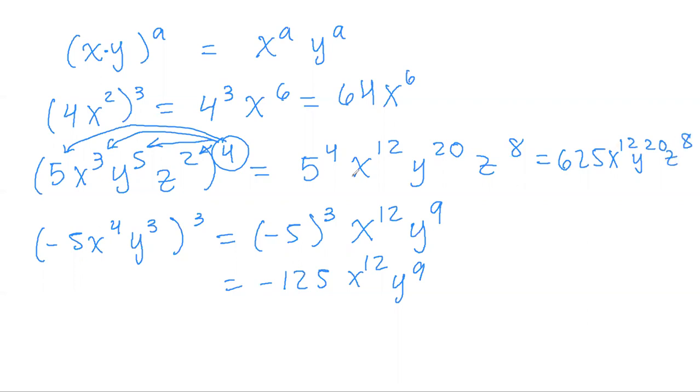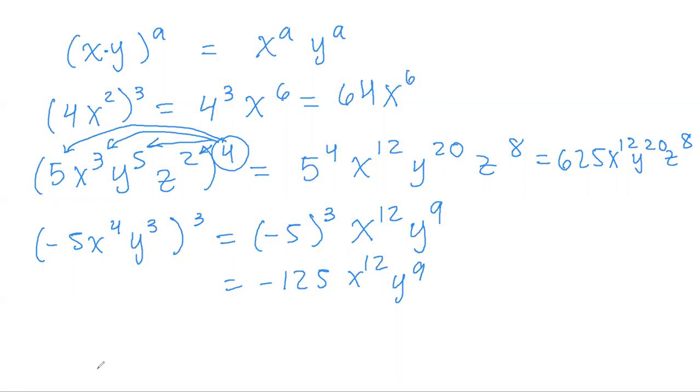I kind of doubt they would expect you to know 5 to the 4th. 5 cubed might be more reasonable. But I mean, typically, I think as long as you know your squares, that's pretty good. So don't freak out too much if you don't know 5 to the 4th. It's just part of the example I had.